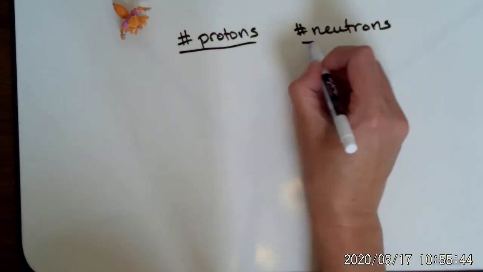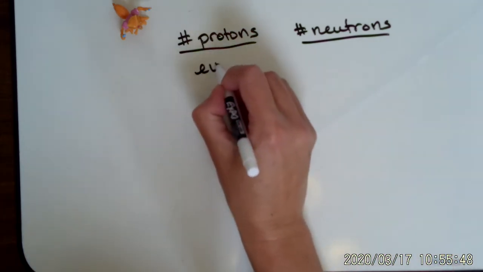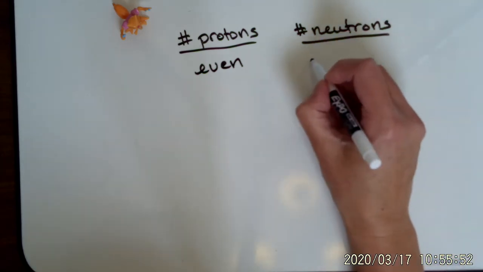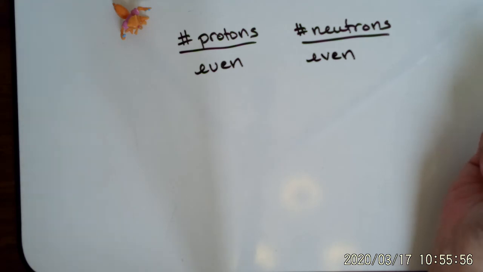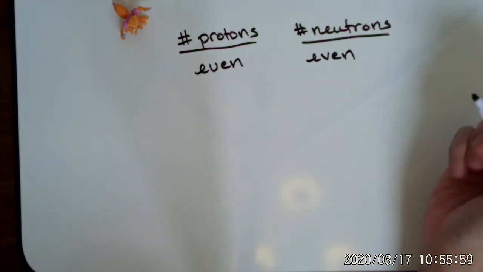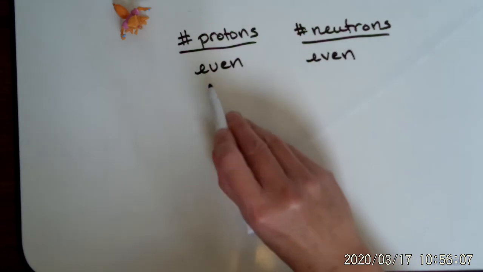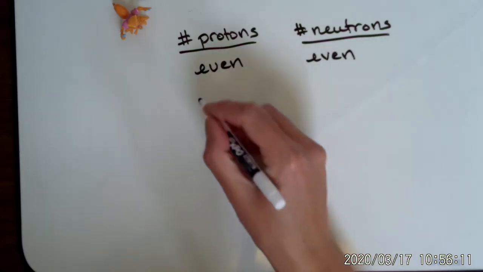So if you just look at the number of protons and the number of neutrons, if the number of protons is even and the number of neutrons is even, basically we get 157 of all our isotopes that are stable. So most of the protons and neutrons, when they are even and even, they're going to be stable.